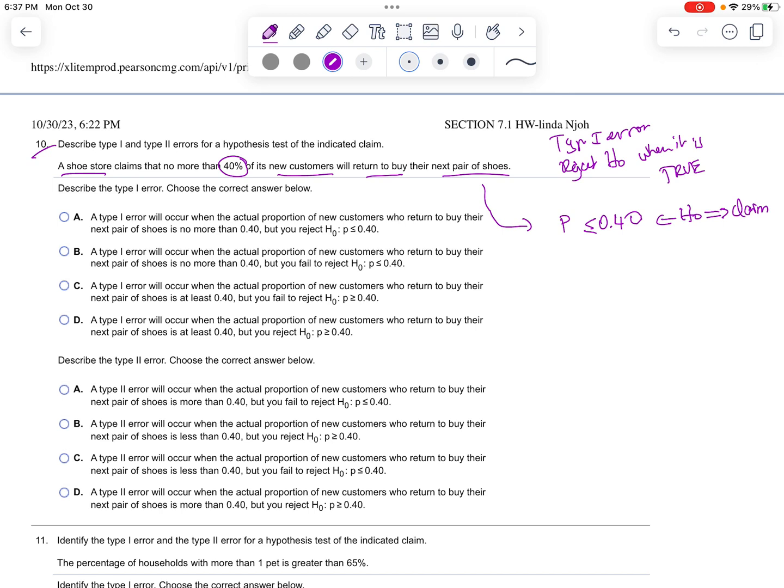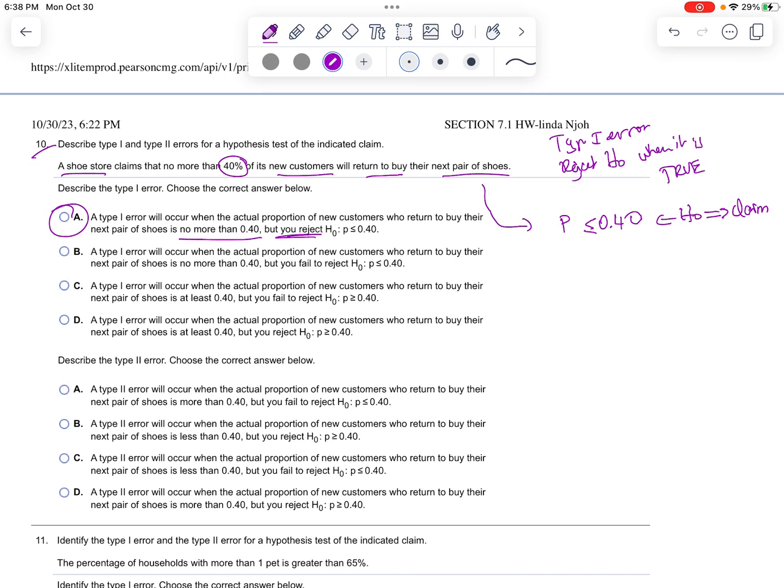So the type 1 error occurs when the actual proportion of the new customers who return to buy their next pair of shoes is no more, but you reject it. Type 1 error is rejecting the null when it is true.